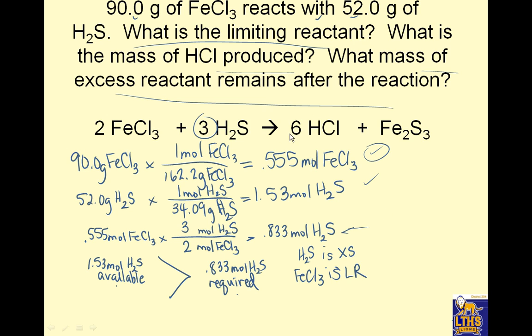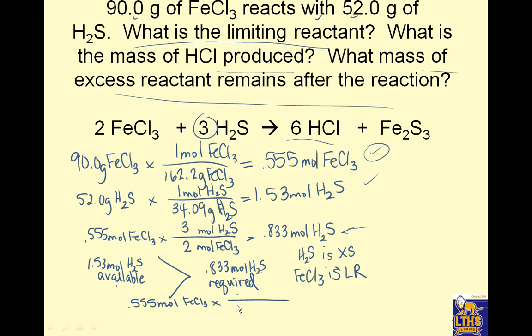Okay, so how do I figure out how much HCl will be produced? Well, I have to use the limiting reactant. So you find the limiting reactant, and then you use the limiting reactant. The limiting reactant is FeCl3. 0.555 moles of FeCl3.